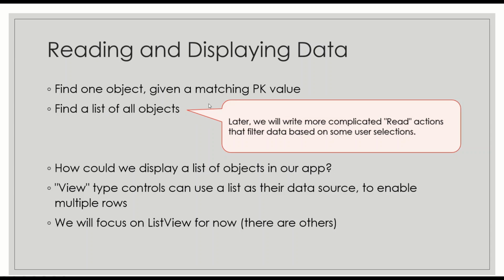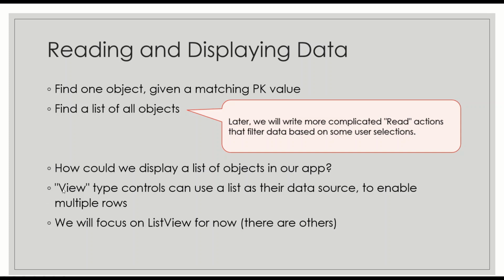Now, in a later video coming up next week or perhaps the week after, we're going to write more complicated read actions that are used to filter the data returned from the database based on some user selections. But for now, we're just going to find a list of all of the departments that we have in our department table. So how could we display a list of objects in our app?